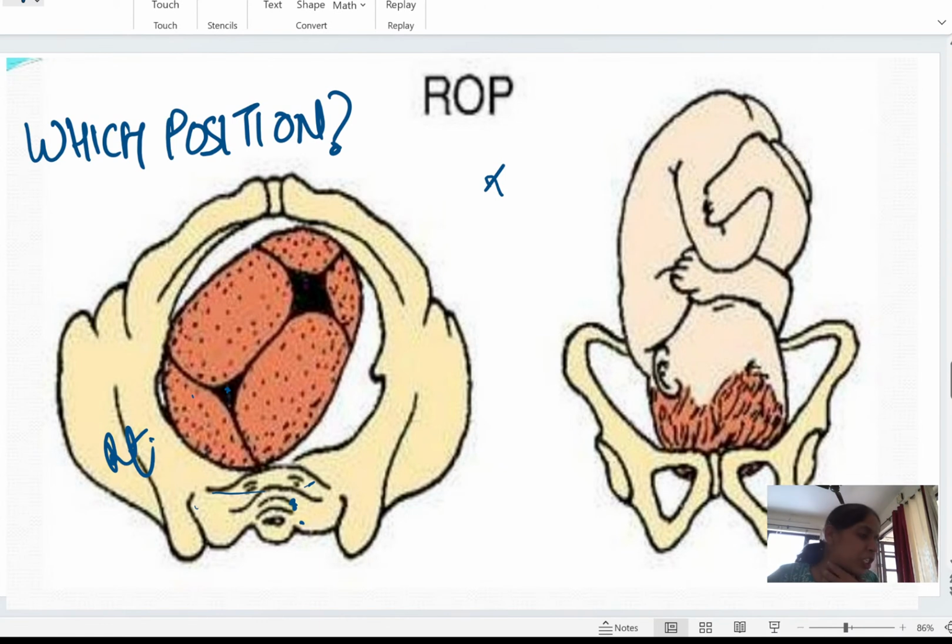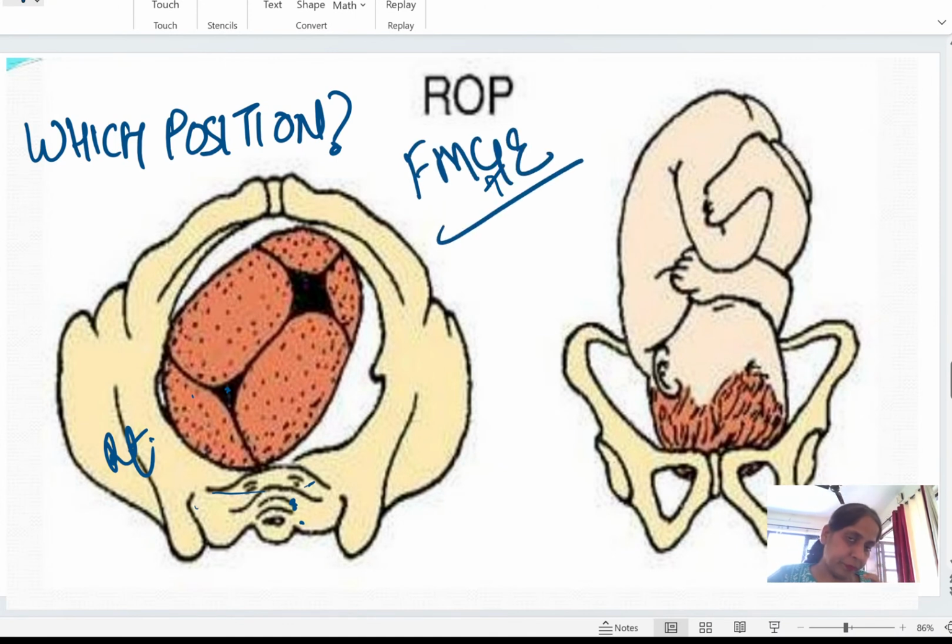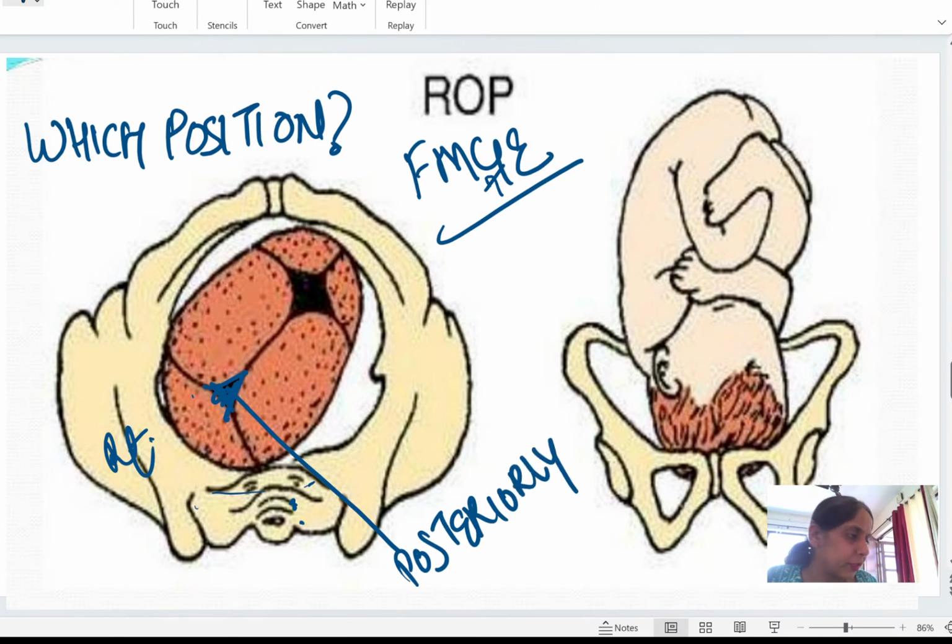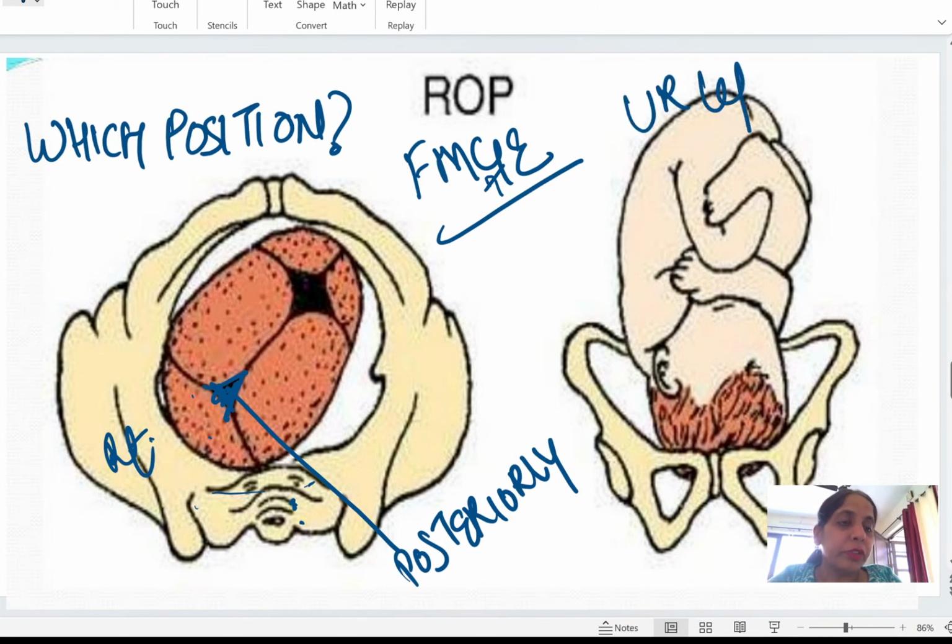Please tell me which position is this. This is an FMG question. See, this triangular fontanelle is posteriorly, right? So occiput is posterior. The one which is your left is the patient's right.